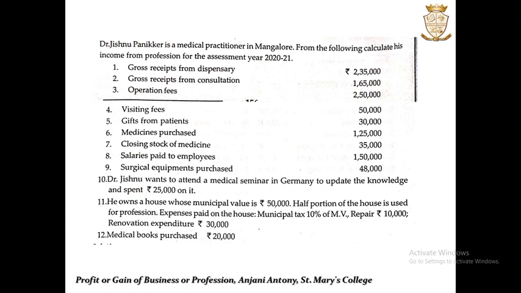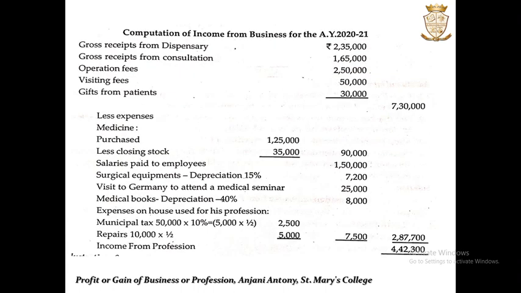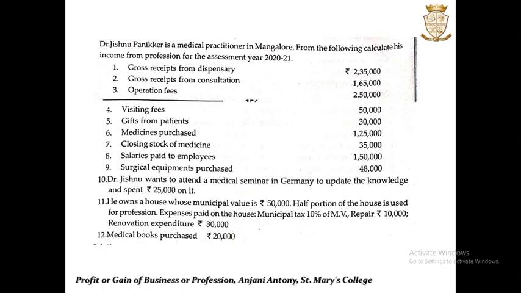Then only we will get the actual expenses spent on medicines for the previous year 2019-20. So 1,25,000 minus 35,000 rupees, then you will be getting 90,000, and it is the actual amount spent for the medicine. And salary paid to employees is given in the question, 1,50,000 rupees.